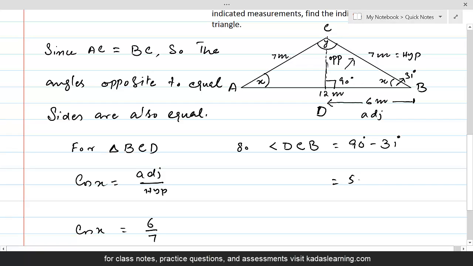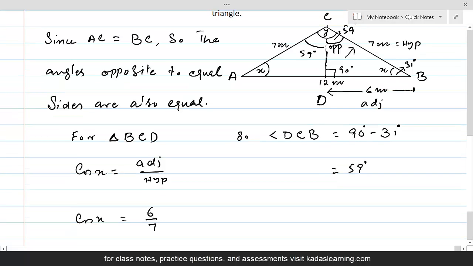So if this angle is 59 degrees here, this angle is 59 degrees on the other side as well, giving the total angle at C.